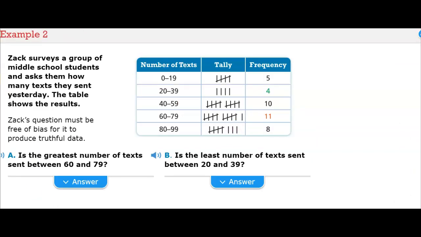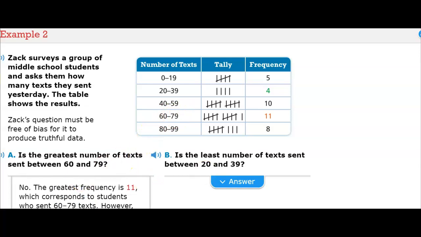Zach surveys a group of middle school students and asks them how many texts they sent yesterday. The table shows the results. Zach's question must be free of bias for it to produce truthful data. A, is the greatest number of texts sent between 60 and 79?